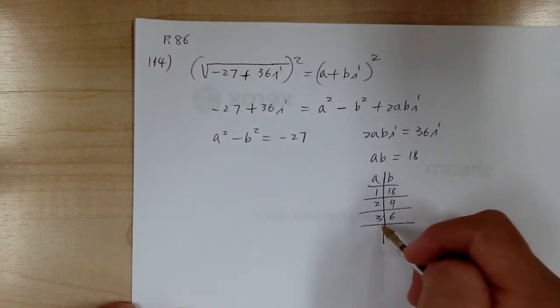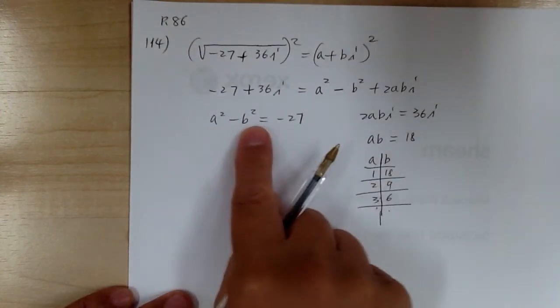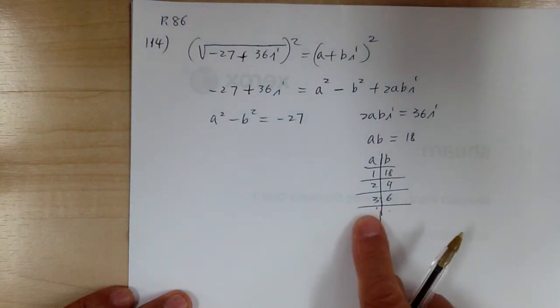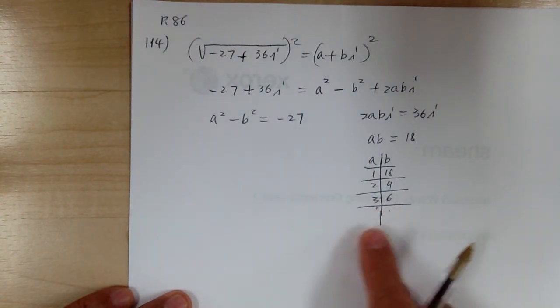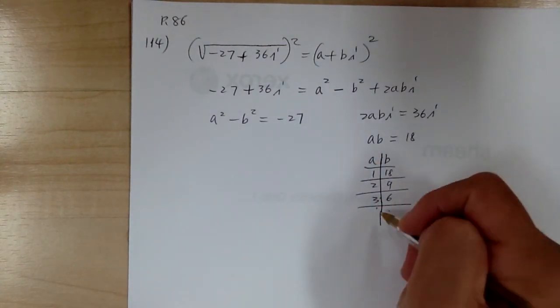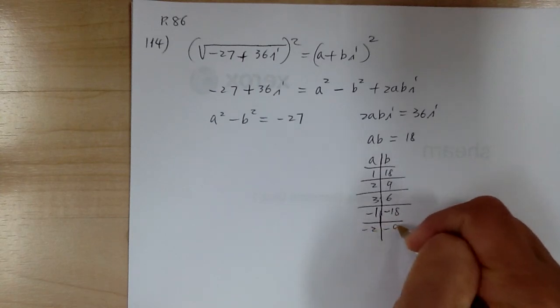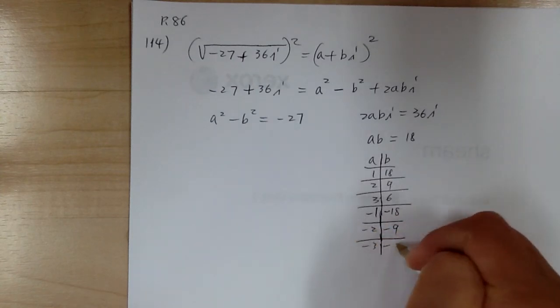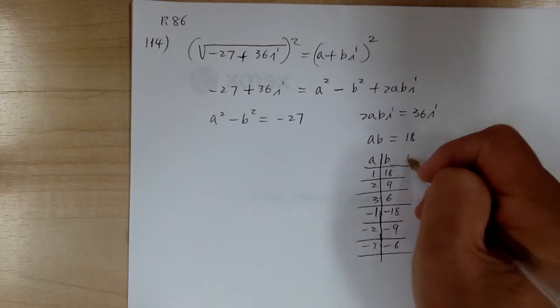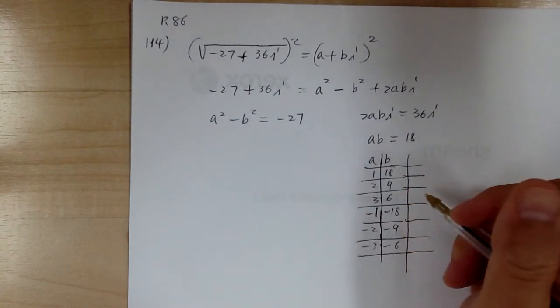So you don't have to try 6, 3, 9, 2, or 18, 1. But this one, because of the square, you can also try negatives: negative 1, negative 18, negative 2, negative 9, negative 3, negative 6. Okay, so now you have to put them in here to see which one works.